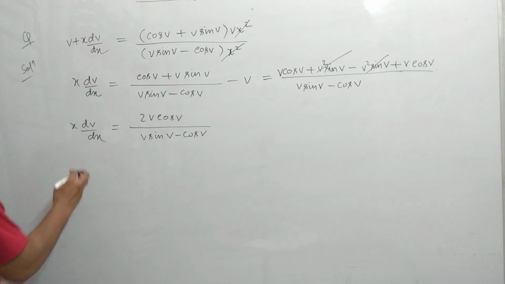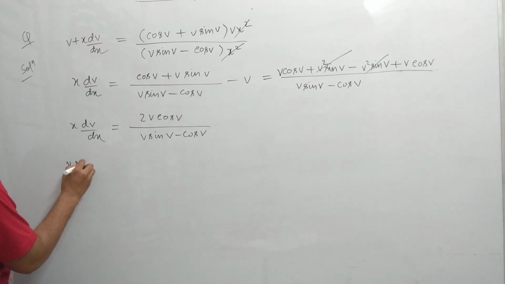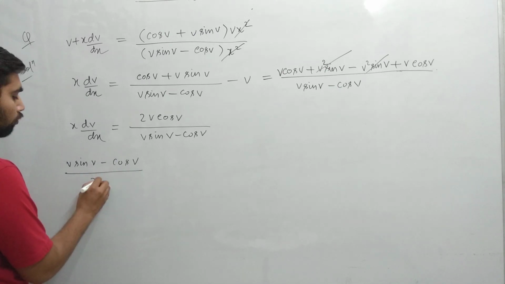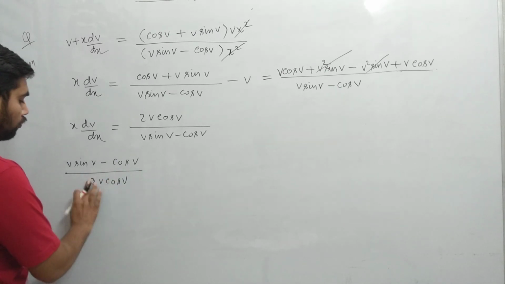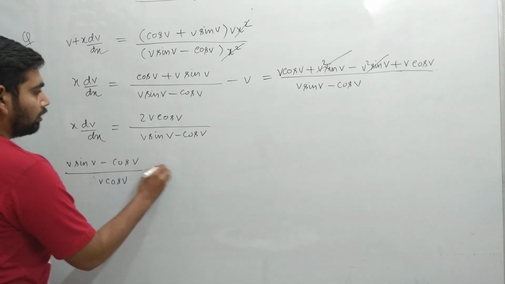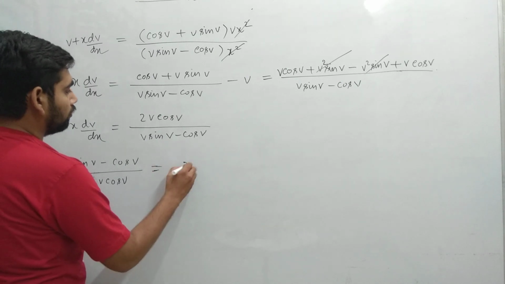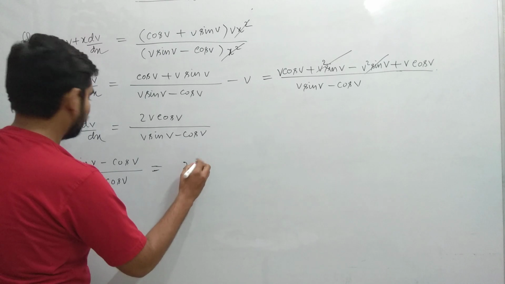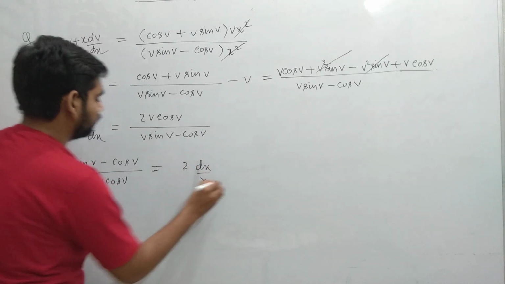We will take terms of v to the left hand side, v sin v minus cos v divided by 2v cos v, or 2 can be written in RHS also, 2 dx upon x.